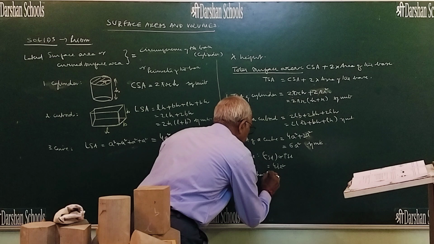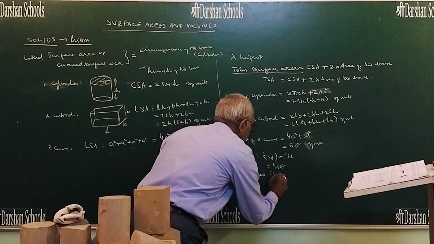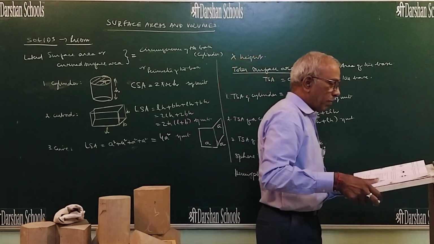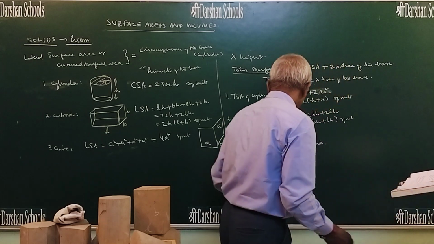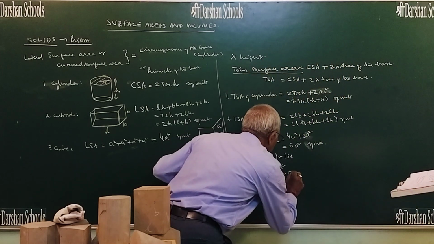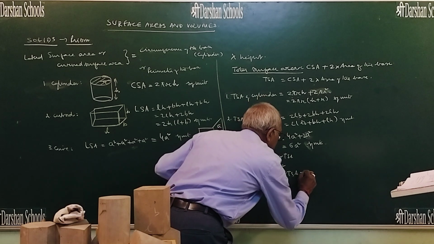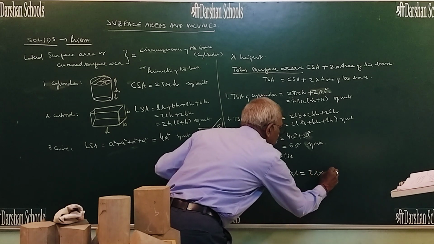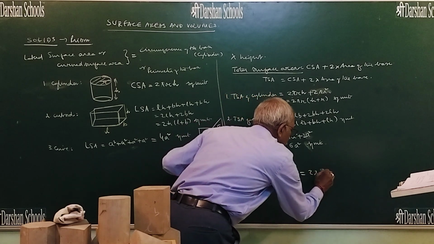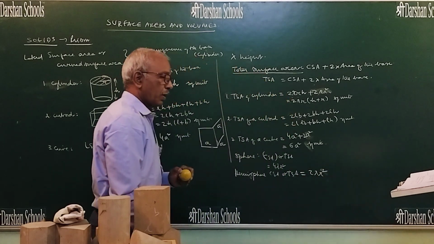Hemisphere curved surface area is given by 4 pi r square divided by 2, that is 2 pi r square. 2 pi r square. Right?